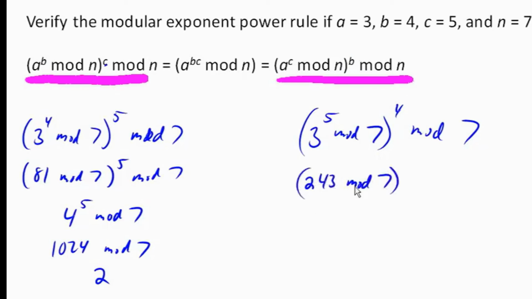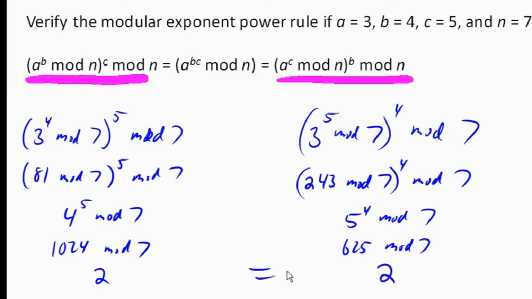So 243 mod 7 is 5. And 5 to the 4th is 625. And 625 mod 7 is 2. And they are, in fact, equal. And I know I skipped a lot of steps there showing the calculations of the modulus, but trust me, if you actually do the divisions and find the remainders, these are the values that you come up with.